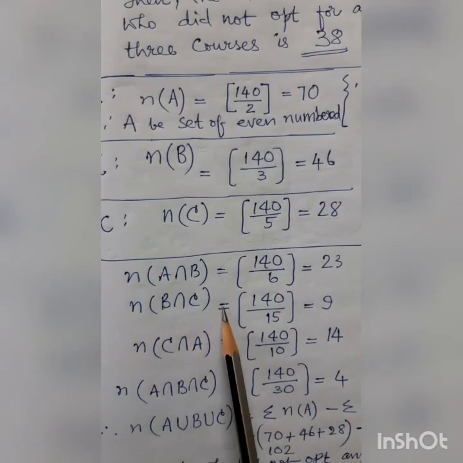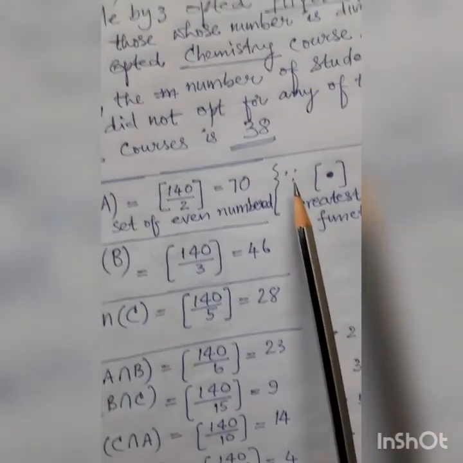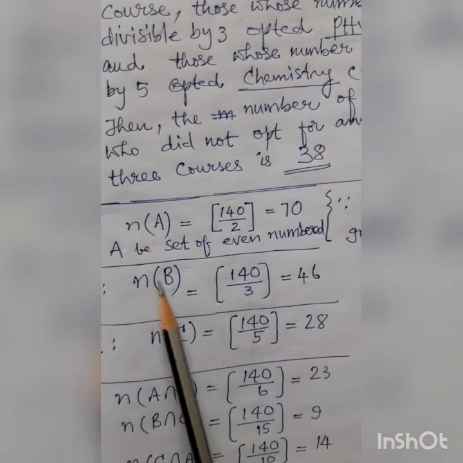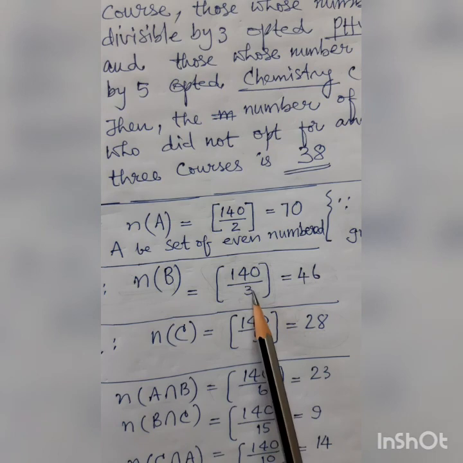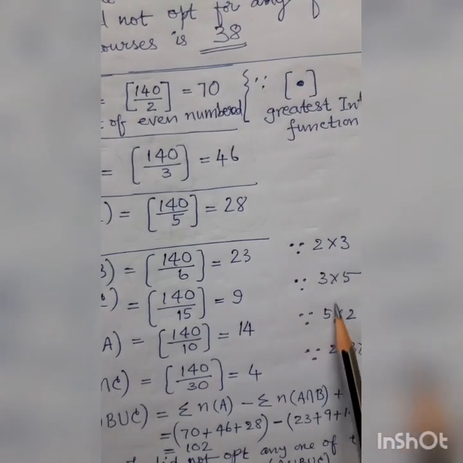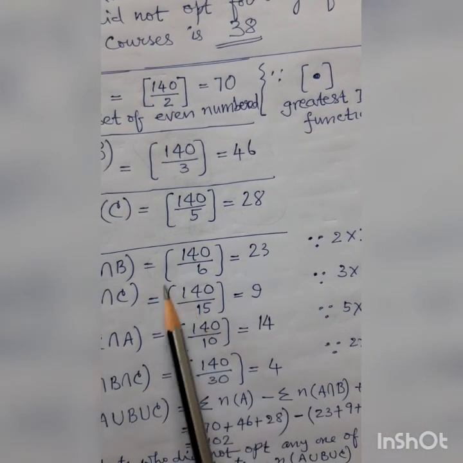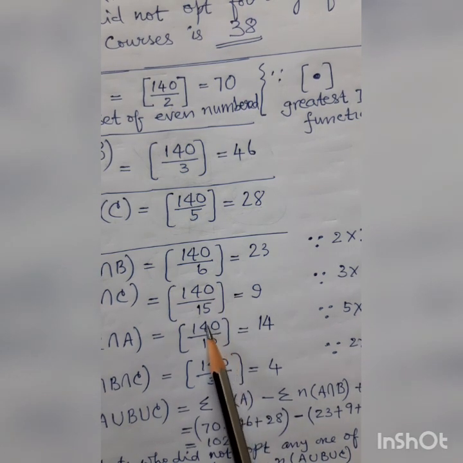N of B intersection C is 140 by 3 into 5, where B is 3 and C is 5. So 140 by 15, and we got 9, the greatest integer function.